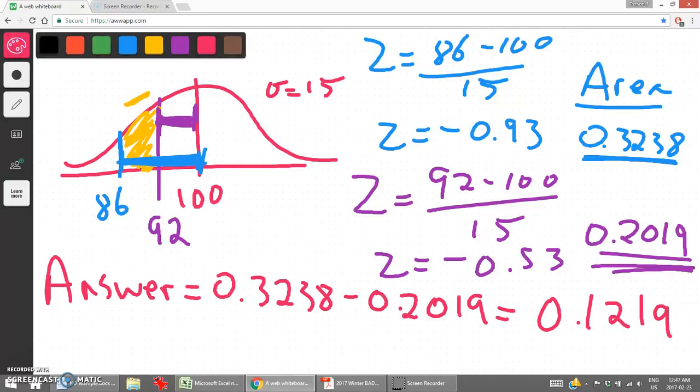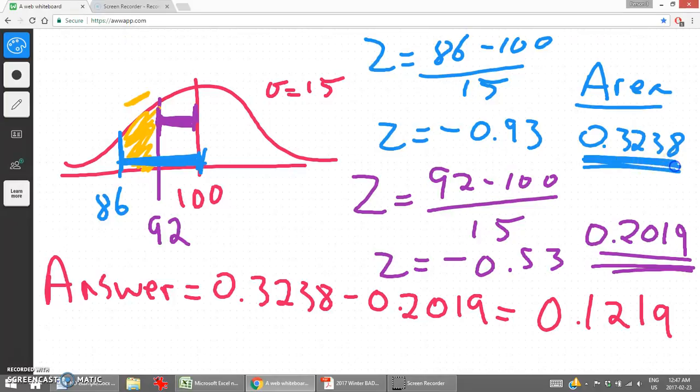Remembering that this area here includes the area from that indicator to the middle. Within that area lies the area designated in that purple section. Indicates all this area in here. We basically want that yellow section, which corresponds to that number of 0.1219.